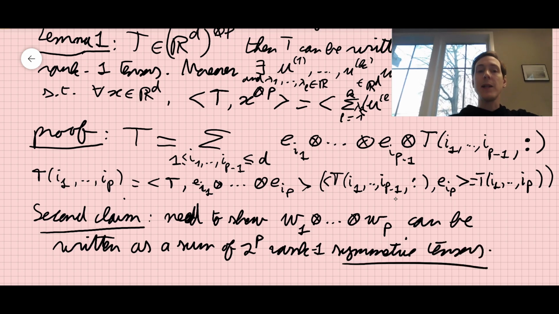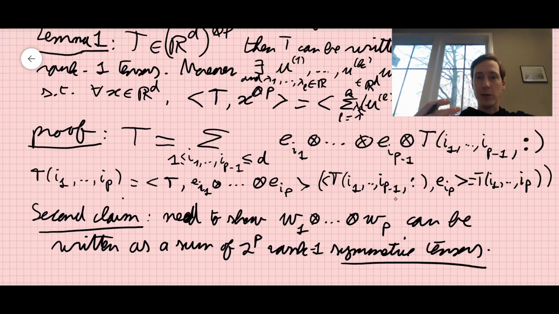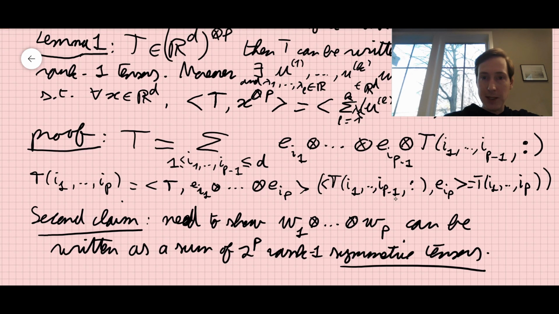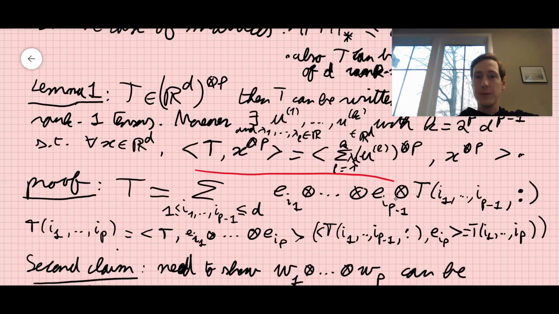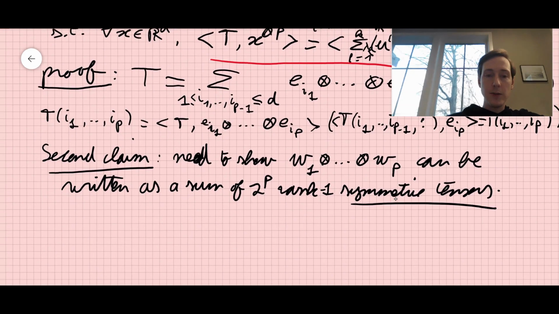And again, when I say can be written as, I mean in the sense of the action on symmetric tensors. What I mean by this is this equality, that you only look at T applied to x to the p.